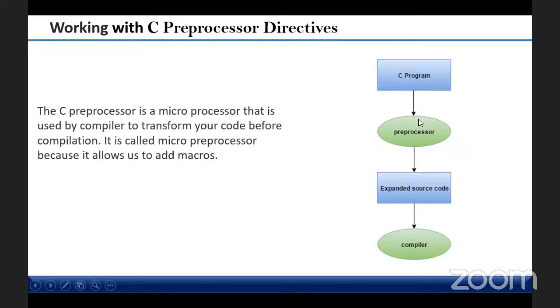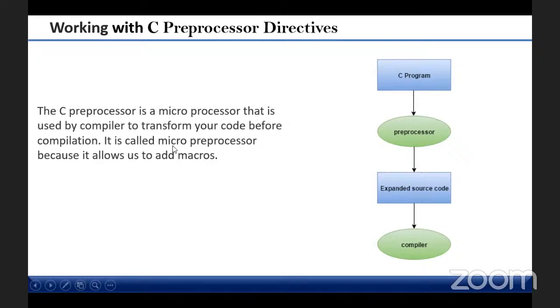Before that, if you define anything, those defined values are going to be understood by the compiler. I'll give you an example. The C preprocessor is a macro processor, and that's why we call them macros. It is used by the compiler to transform your code before compilation.